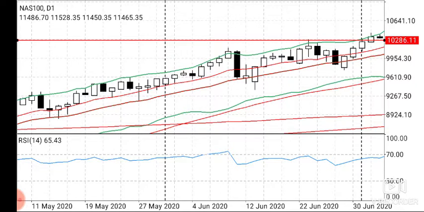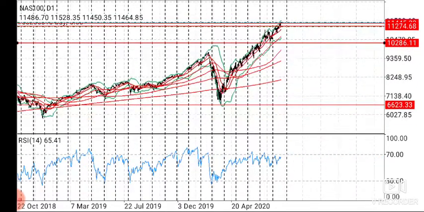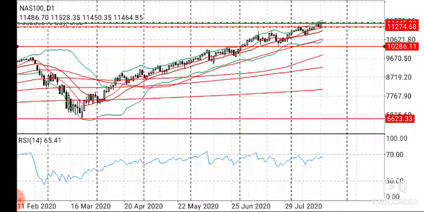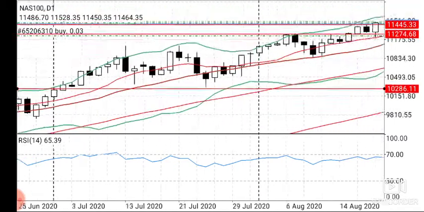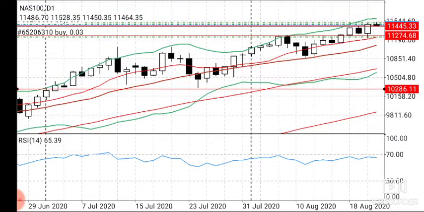After this doji, the black candle, you can take a sell, because of the trend, the market cannot reverse immediately and go down. This is a pattern that I use that is working.